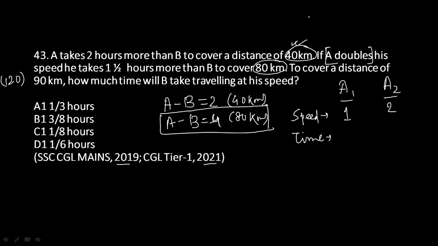We have learned that speed is inversely proportional to time. So it will be 2 and 1, right? What is the difference? The difference is 1 unit. But in the question it is 4 hours and 1.5 hours. So what is the net difference of time?